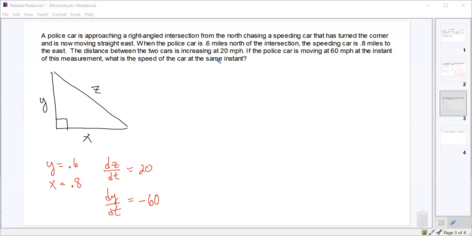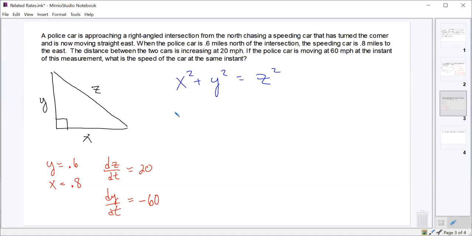So how can I relate these variables that I have in this right triangle? Pythagorean theorem. X squared plus y squared equals z squared. Okay. And now we've got a formula that relates them. All we have to do is take the derivative of it with respect to time.